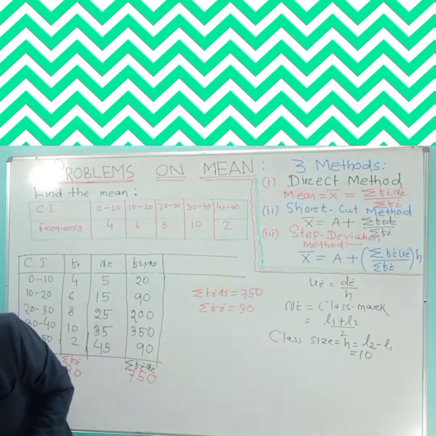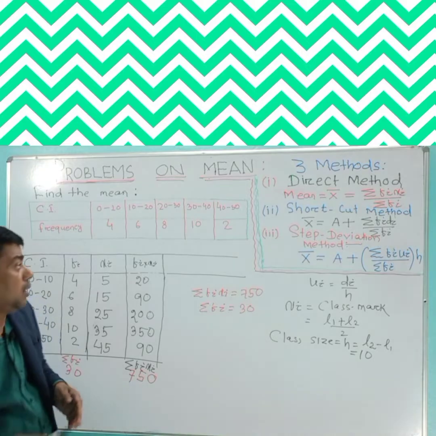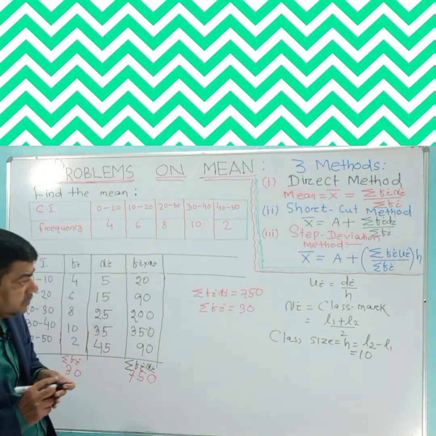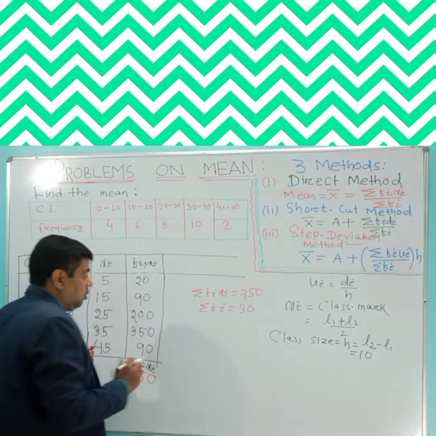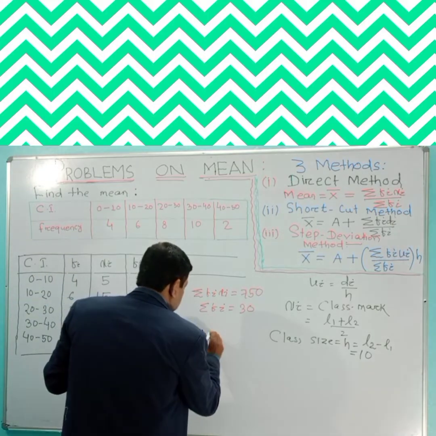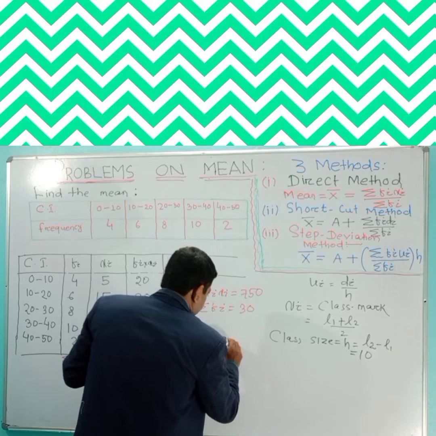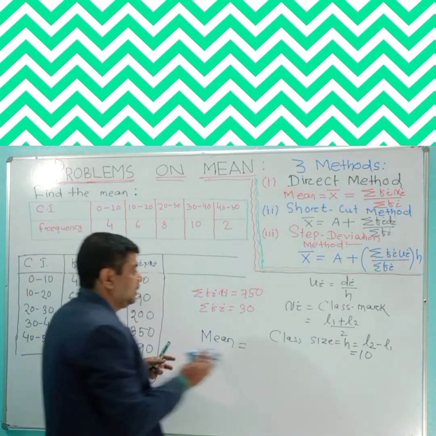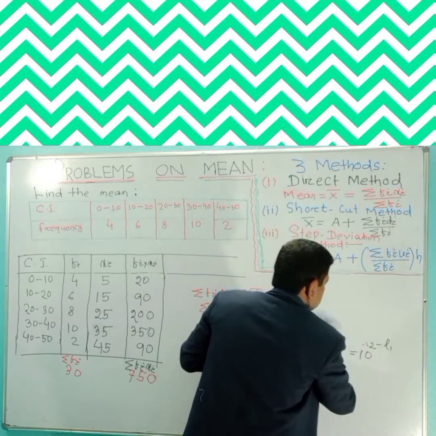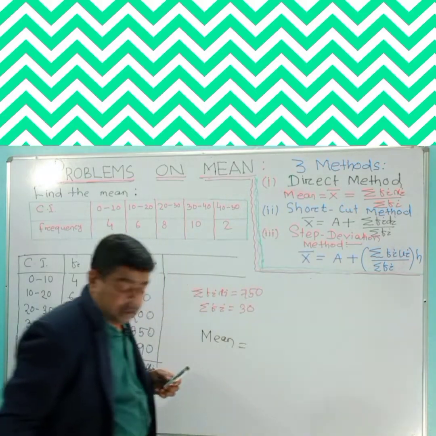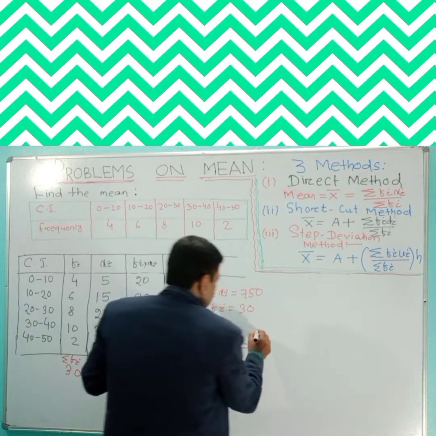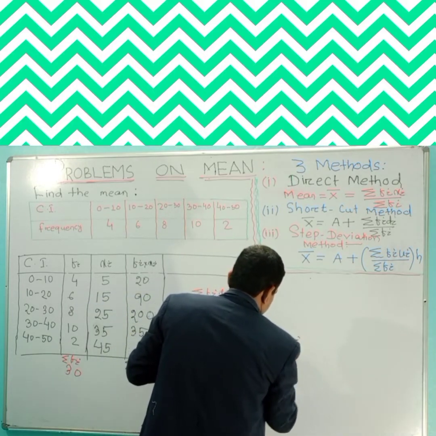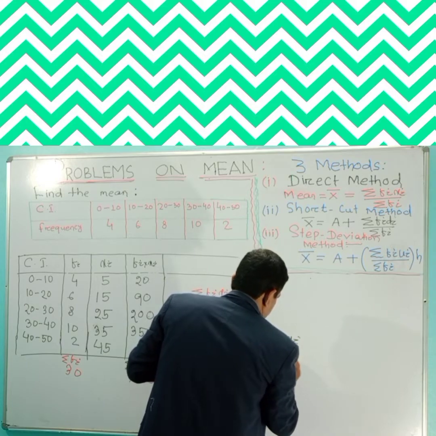After that, you will find the mean value. By the direct method, the mean value is equal to summation of fi xi divided by summation of fi. Yes or no?